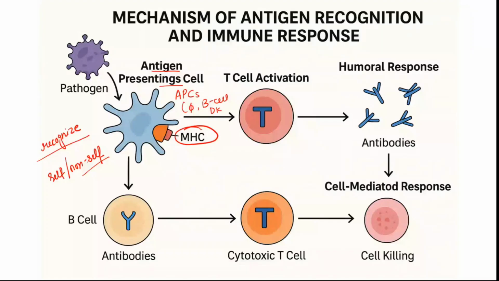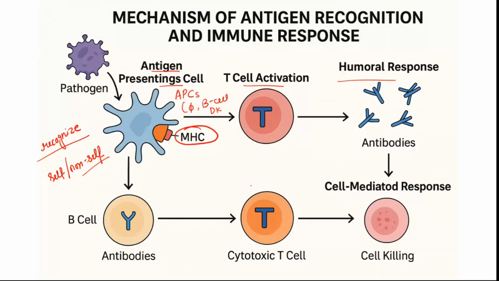But the second way is that they can also give this antigen directly to the T cell. They will give the signal for T cell activation, and when the T cell activates, they will start the humoral response. Firstly, the humoral response always initiates, and after that cells are involved.